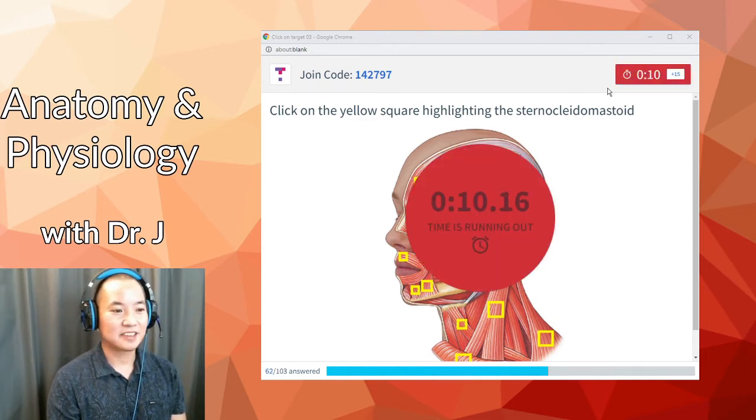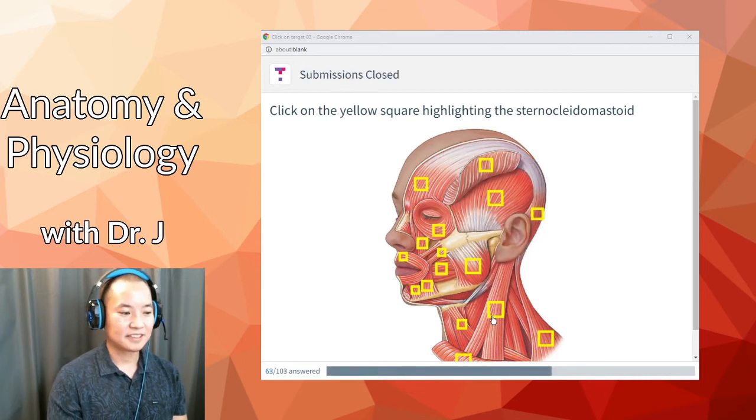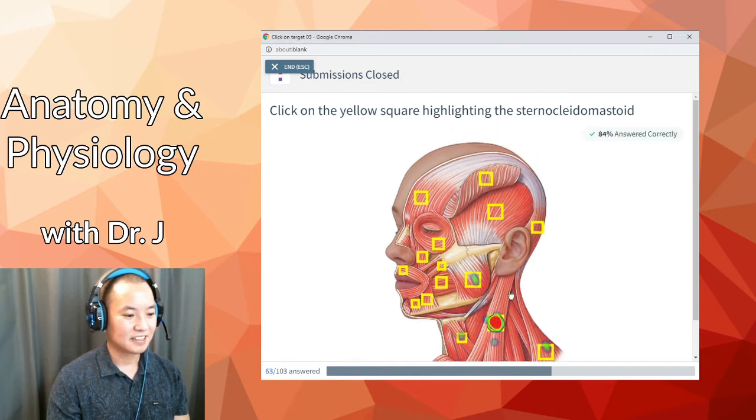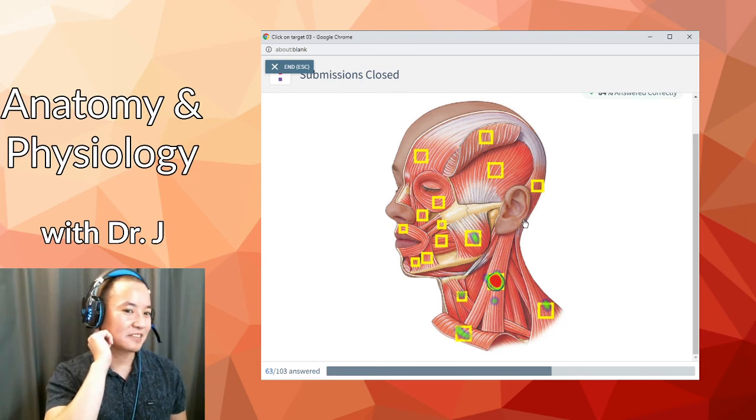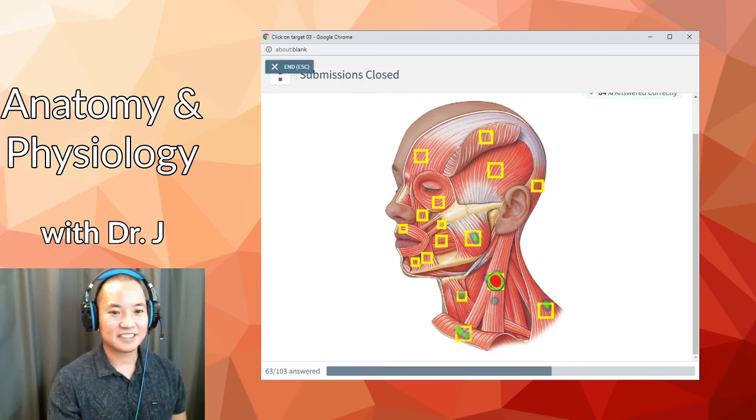The full name tells you a lot of information. All right, let's see how everybody did. Most of you clicked over here, and most of you are correct. Again, the sternocleidomastoid: your sternum over here, cleido, that alternate name for your clavicle, and the mastoid process, which you can feel behind each ear. So again, that's the sternocleidomastoid.